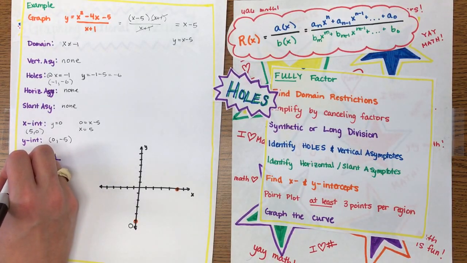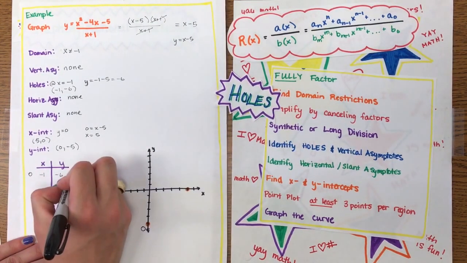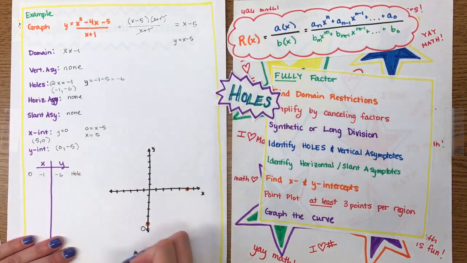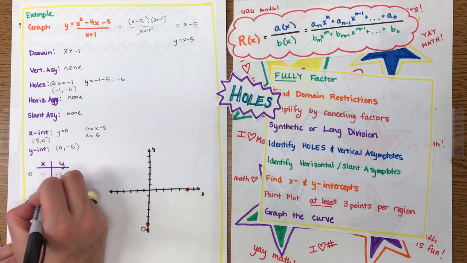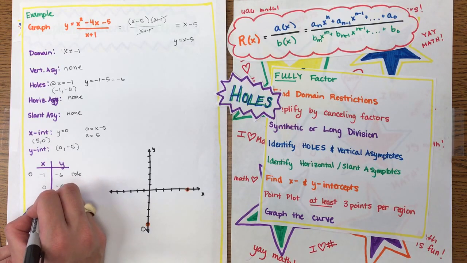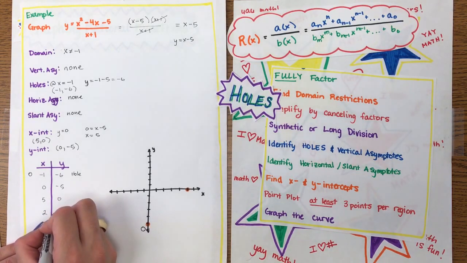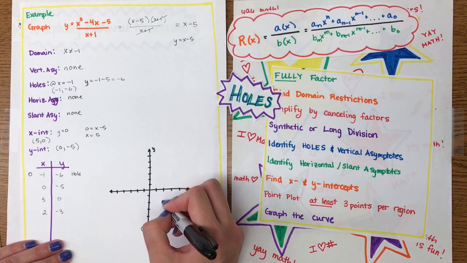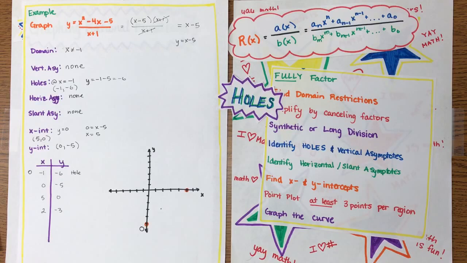I'm going to put a hole symbol next to that, or I'm going to write the word hole, so that I remember not to graph that as a solid circle. I know the point 0, -5, and I know the point 5, 0. If I wanted to just throw in another point, like let's say I plug in 2, that's going to give me a y value of -3. So I have the point 2, -3 on there as well.